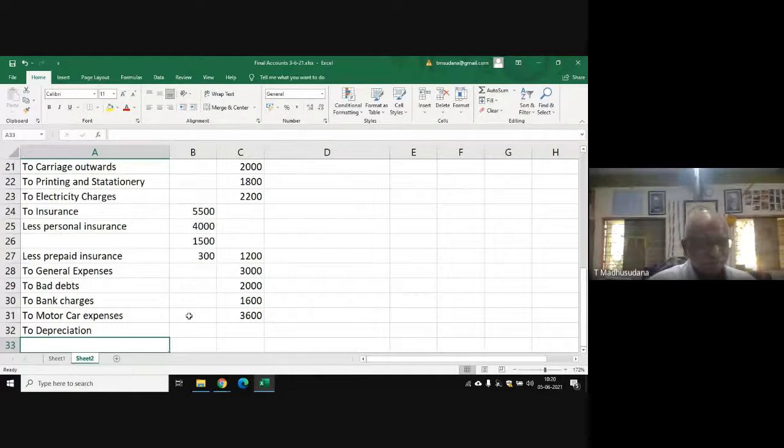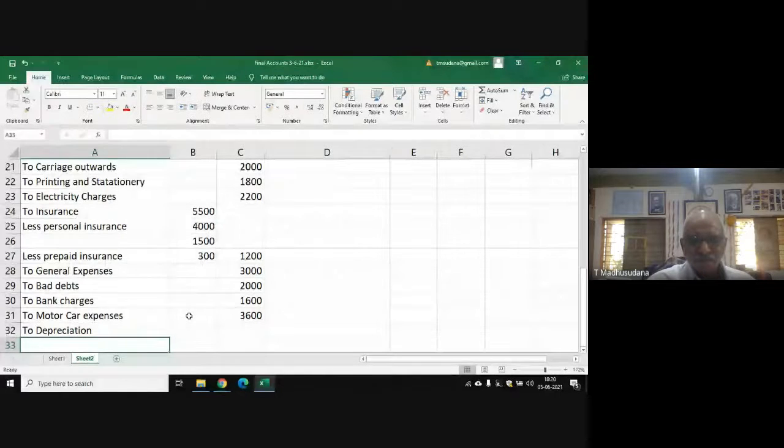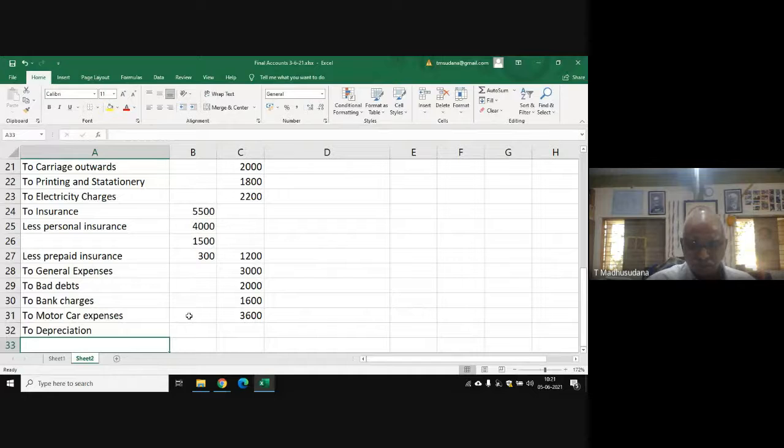The 8th adjustment says half of the buildings are used for residential purposes. So the depreciation on the residential portion should not be shown as a business expenditure.